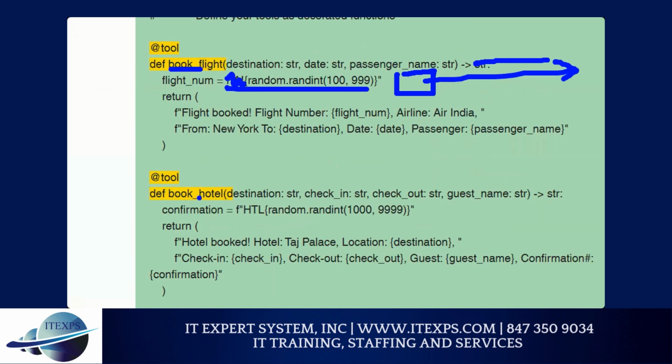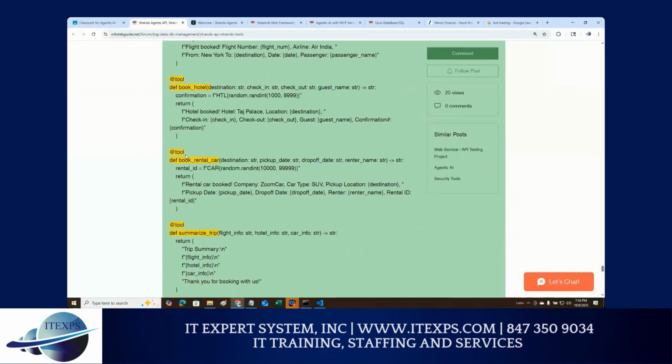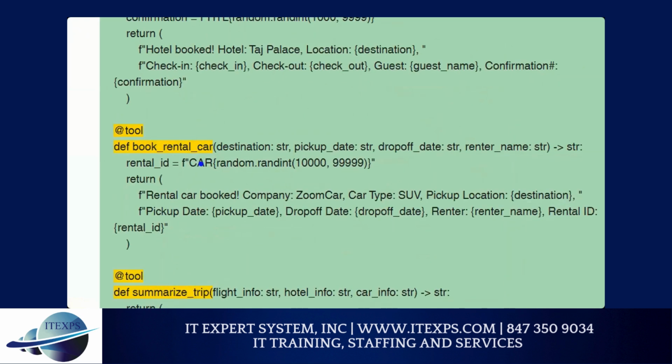Another tool, hotel booking. In that case, you will call Hyatt or whatever it is, and you will return. So here I'm going to give you a hotel ID. Same thing here, rental car. This line here, I made it simple. The response will vary based on real business. Most programmers should know how to call a web service, but you can do it this way.